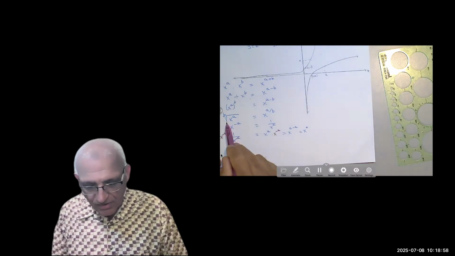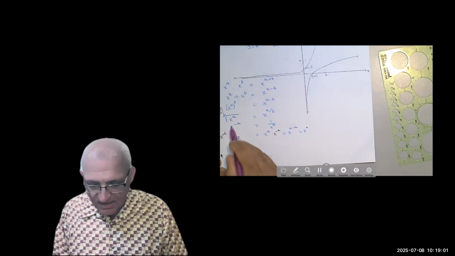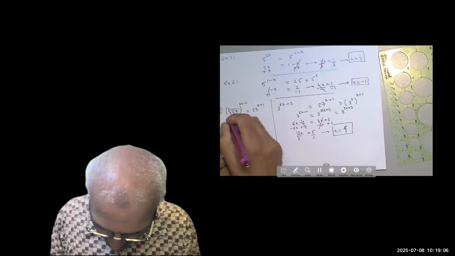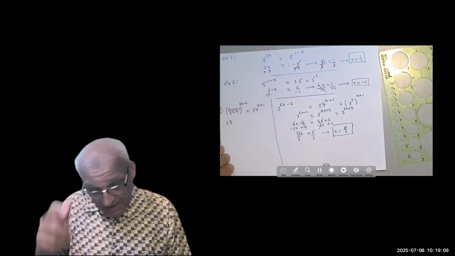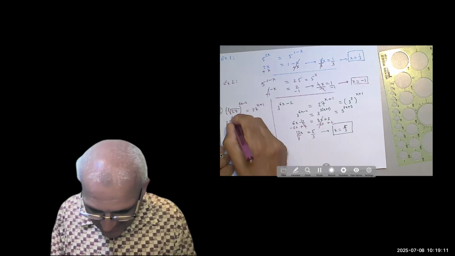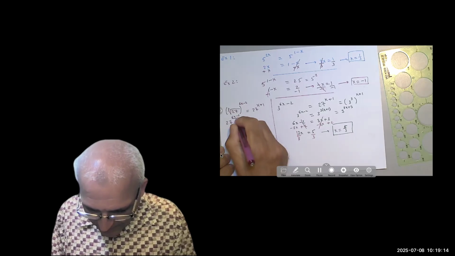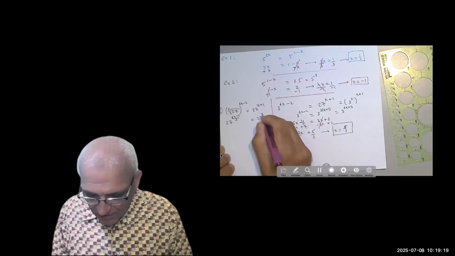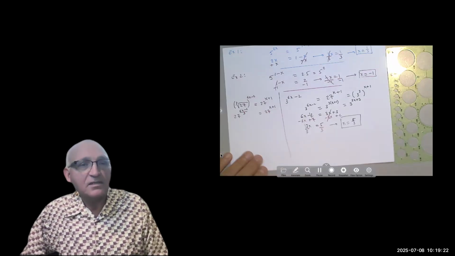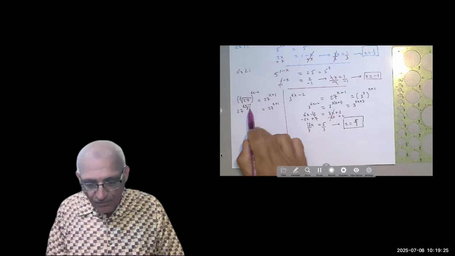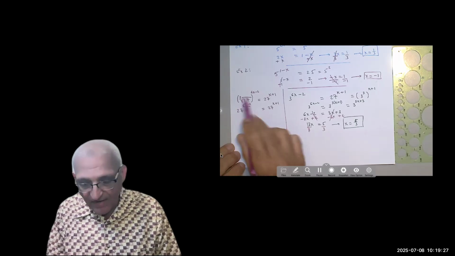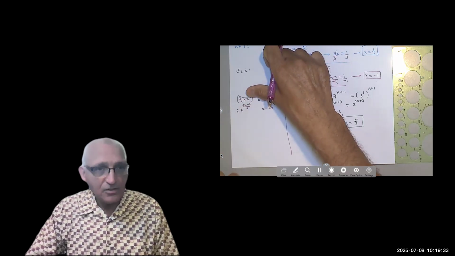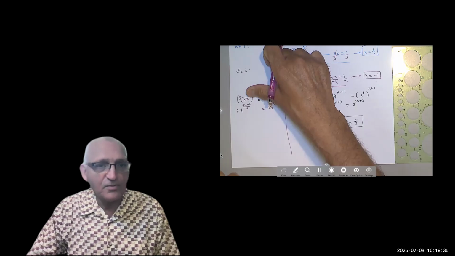The bth root of x to the a, or just x, is x to the a over b. So this can be written as 27 raised to the power of 6x minus 2 divided by 3, and that equals 27 raised to the power of x plus 1. That's how we write the cube root. We divide the exponent by 3. If there is no exponent, I write 1/3. Cube root of 27 is 27 raised to the power of 1/3.